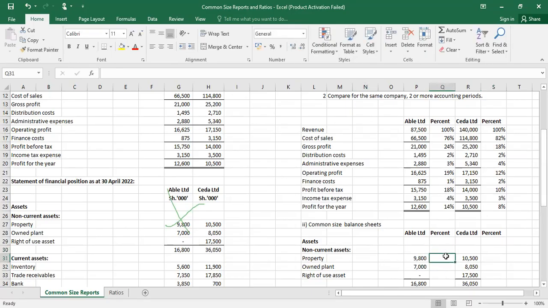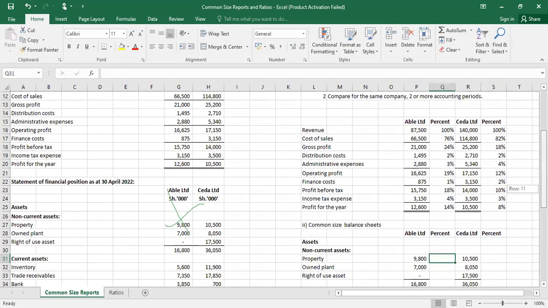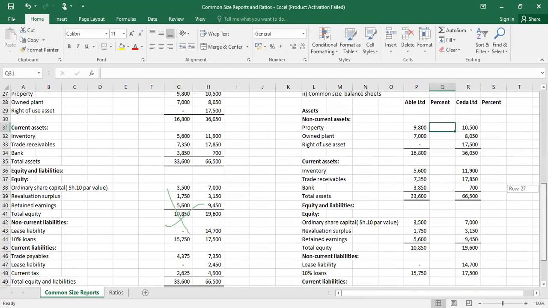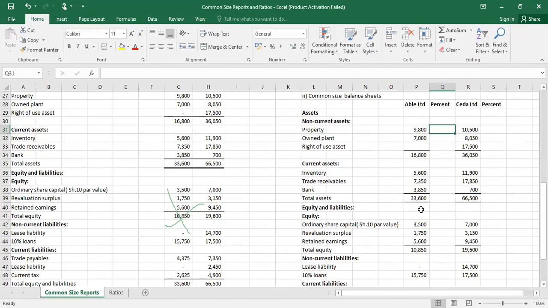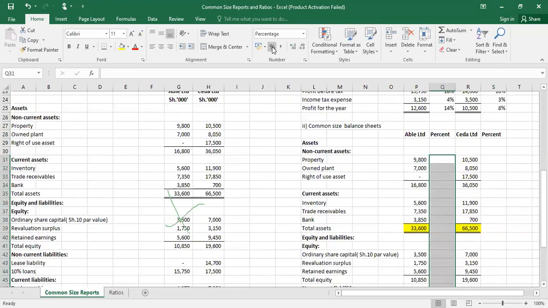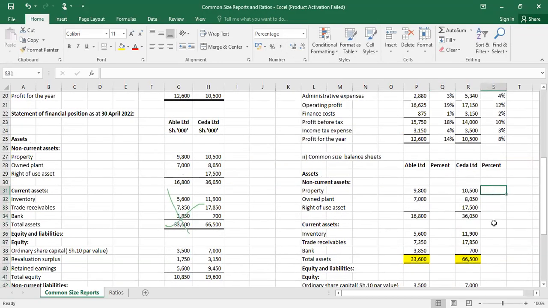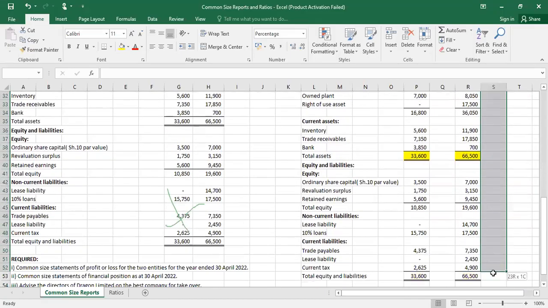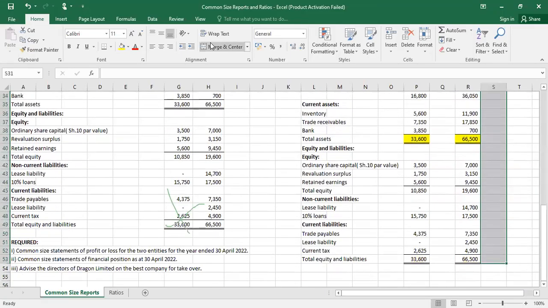For the balance sheet, what have we said is the base? Total assets. For the balance sheet, work with the total assets figure, which is what I have highlighted in yellow. So everything in that balance sheet you divide by what I have in yellow per company. Everything in that balance sheet, divide by the total asset figure.